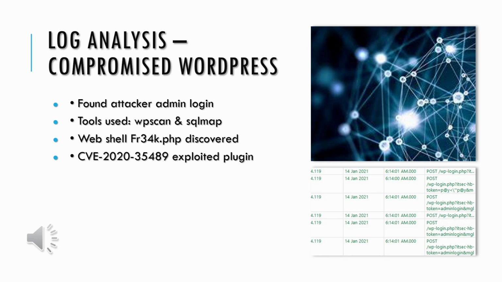Research linked the intrusion to a known vulnerability, CVE-2020-35489, in the Simple File List plugin. This exercise demonstrated the importance of timely patching, plugin management, and continuous web log monitoring to prevent exploitation.